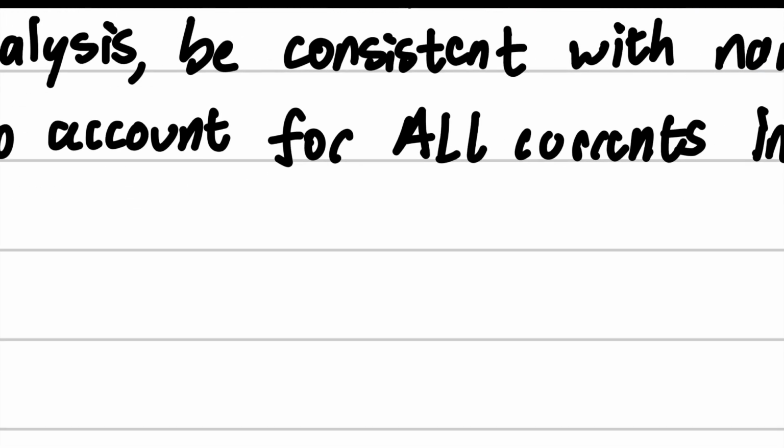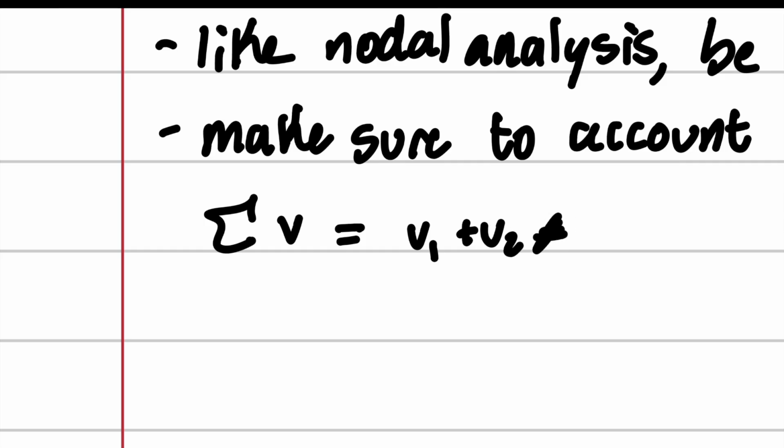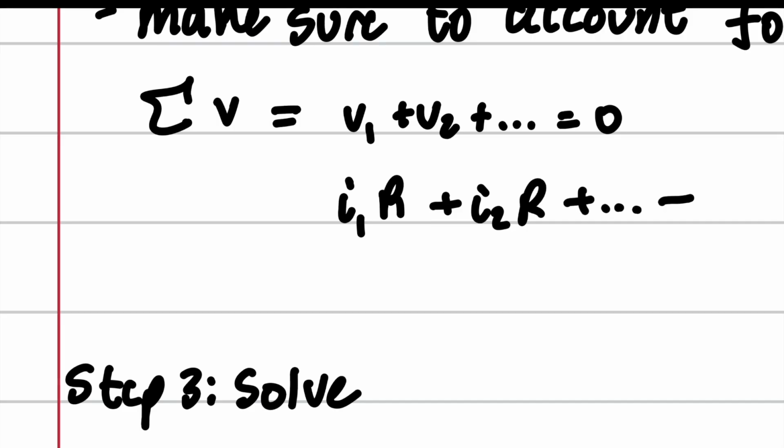And now note, KVL is the sum of the voltages, V1 plus V2 plus ..., equals 0. And in this case, each V is in terms of the currents, I1R plus I2R plus ..., equals 0.